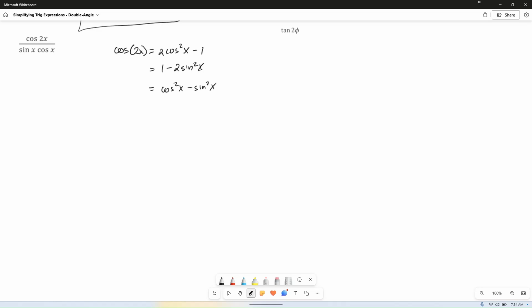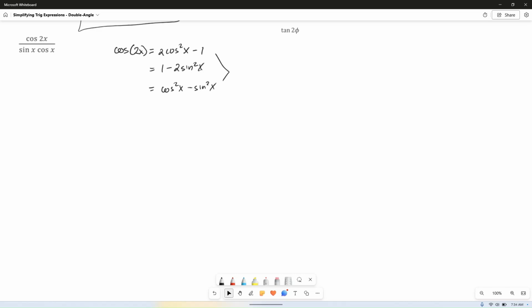All 3 of these are just related by the Pythagorean theorem, so we can get from one to the other 2 just by using the Pythagorean theorem. It's not that big of a problem, but which one we pick can sometimes make a difference on how easy it is to simplify.